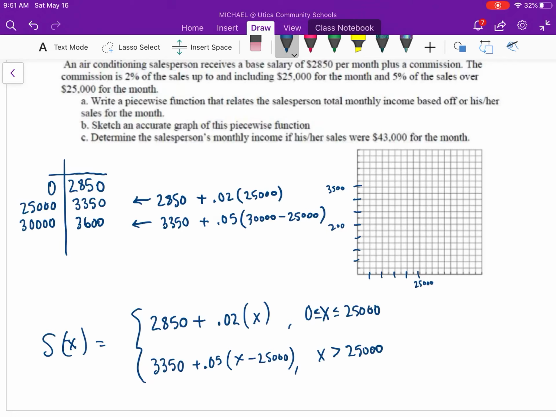He gets $2,850, which would be around there. If he sells $25,000, he gets $3,350, which would be around there. And if he sells 30,000, which was up there, he gets 3,600. So he starts to make more.